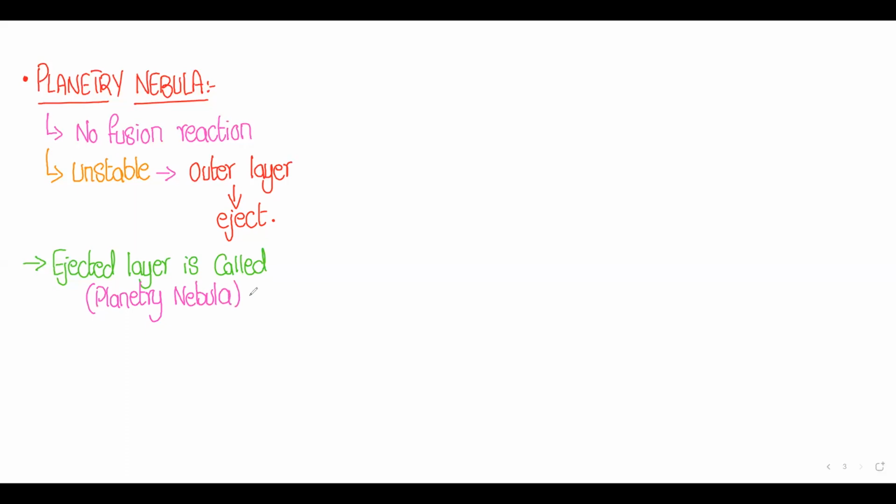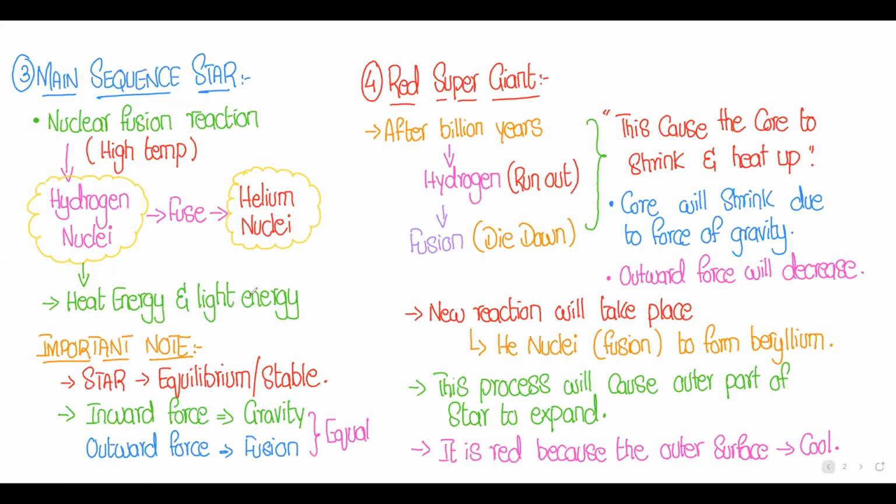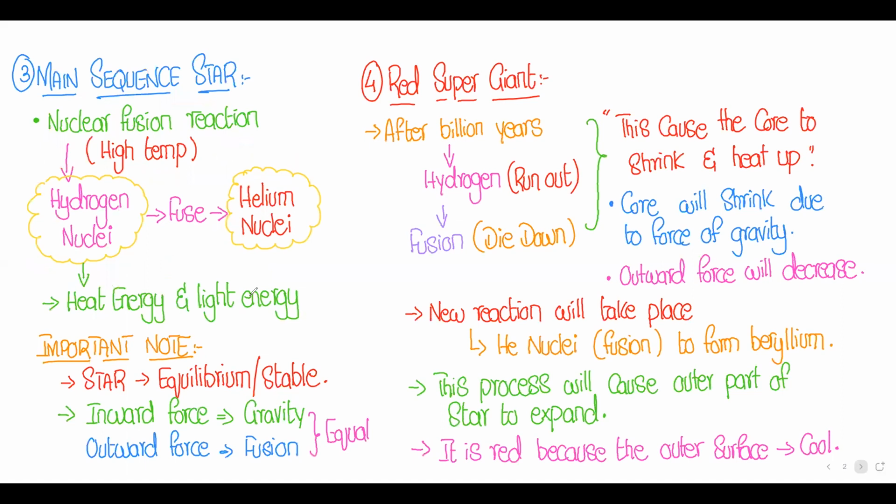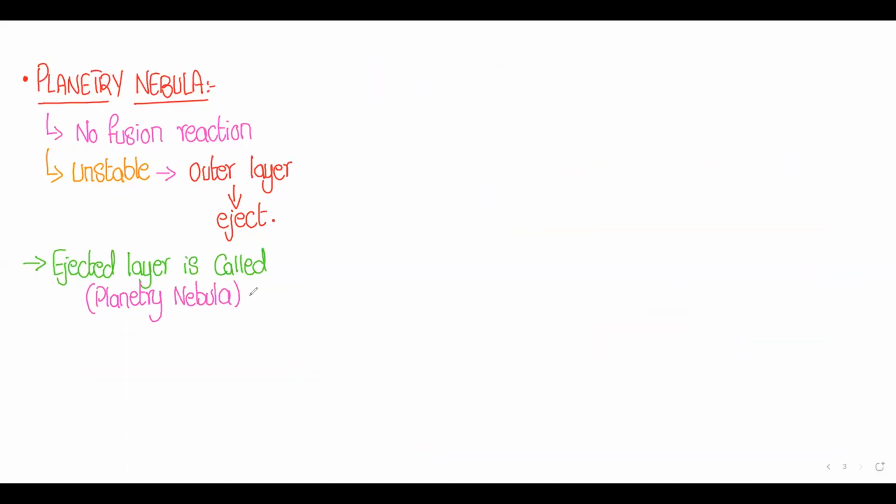If you remember the sequence, it will be very easy for you to write the whole sequence, because mostly they ask about the stable and unstable states, because that is important. The previous part is just the formation of a star, which is very simple.